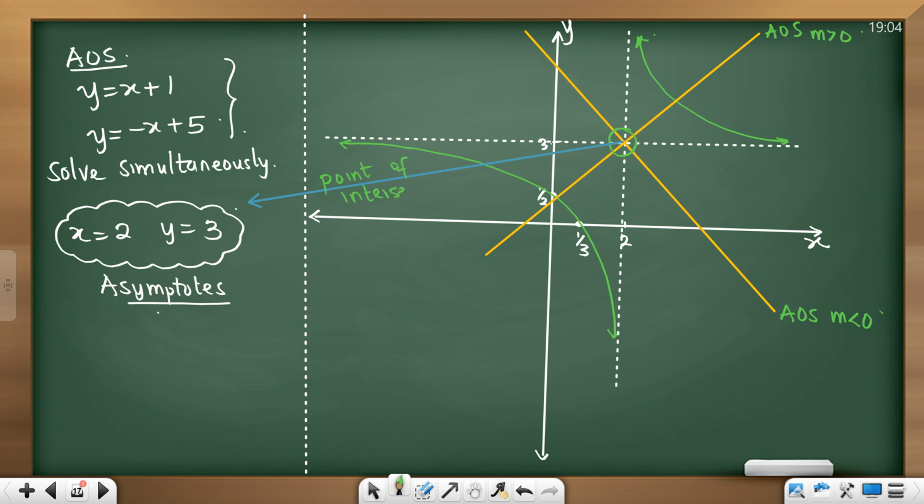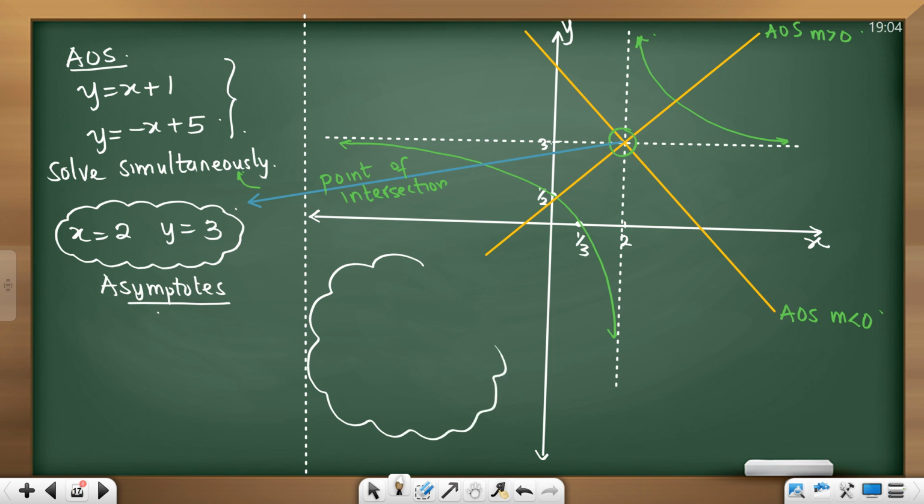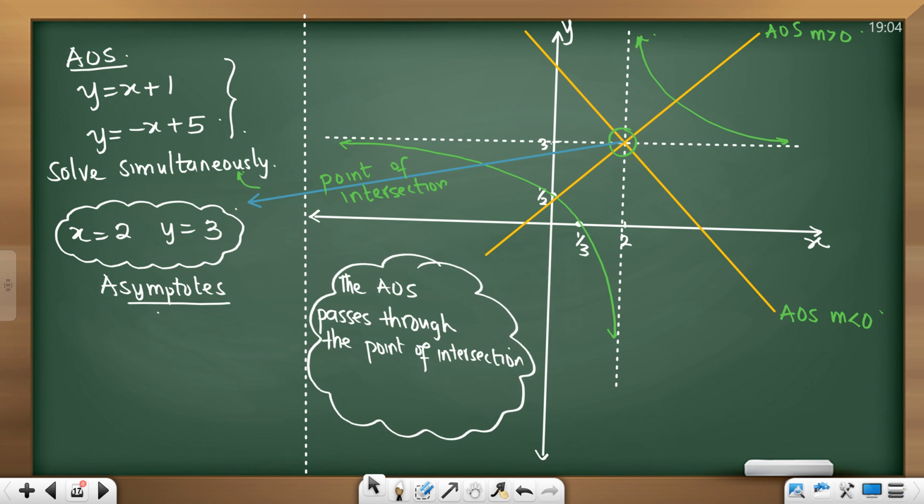Point of intersection is solved what? Simultaneously. Write this note down for me quickly. Axis of symmetry passes through the point of intersection, the asymptotes.